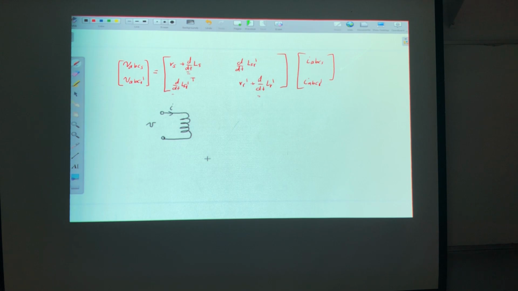Now, if we assume that no mechanical work is allowed, and R goes to 0, so simply this means that V will equal, according to Henry's law of induction, d lambda by dt.